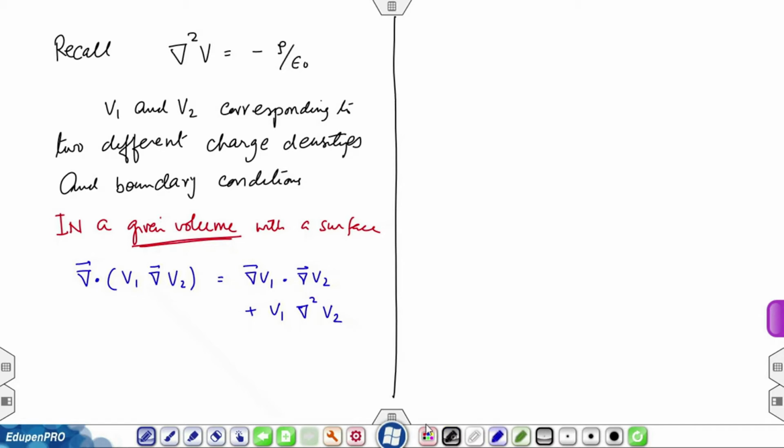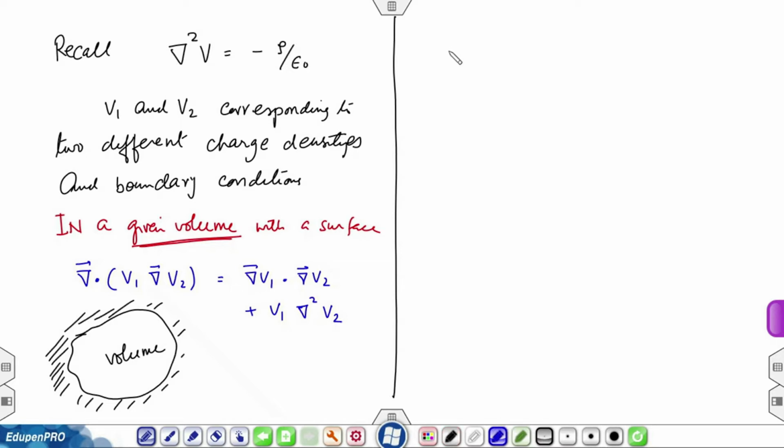Now, given this volume that I said is fixed, inside this shaded region, let us now integrate this over this volume.